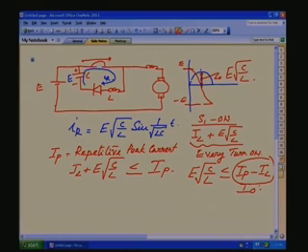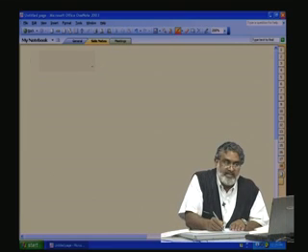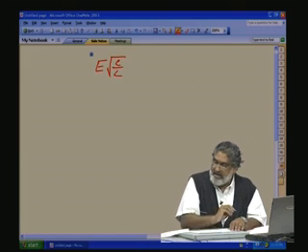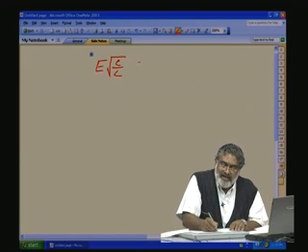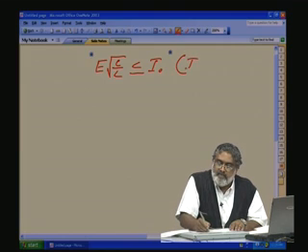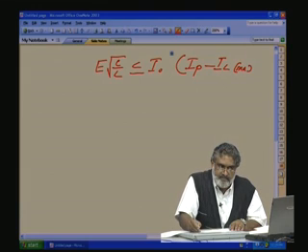So, this condition shows that E into root C by L should be less than or equal to I0. What is I0? I0 is equal to the repetitive maximum IP minus I load maximum.